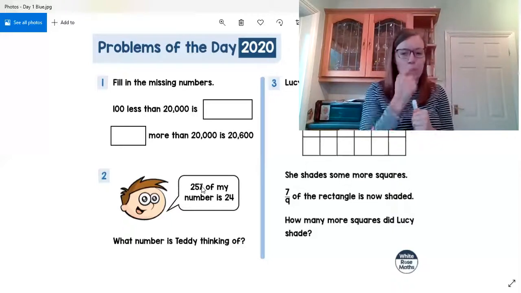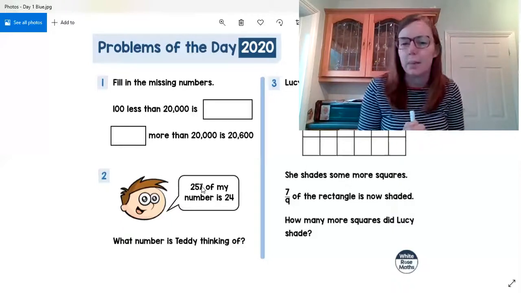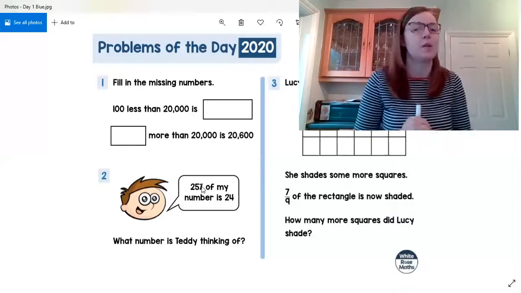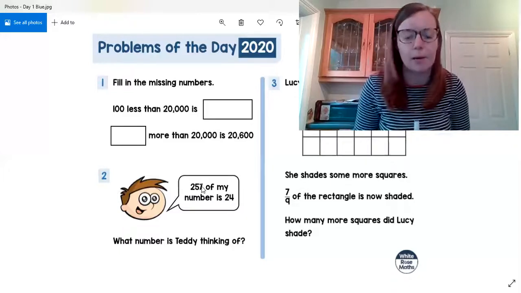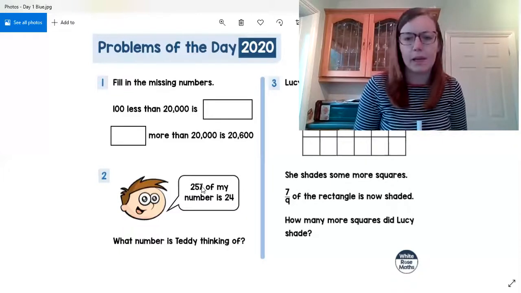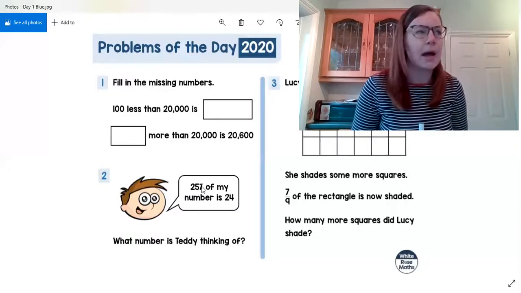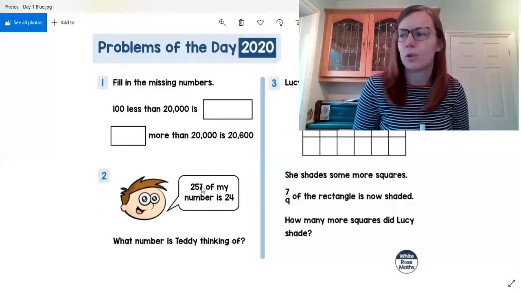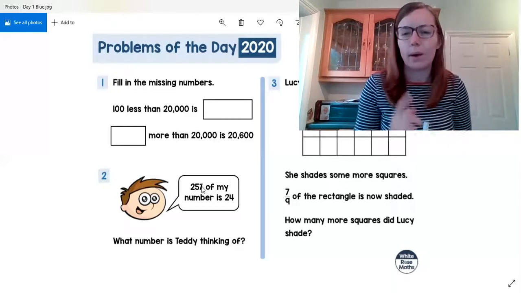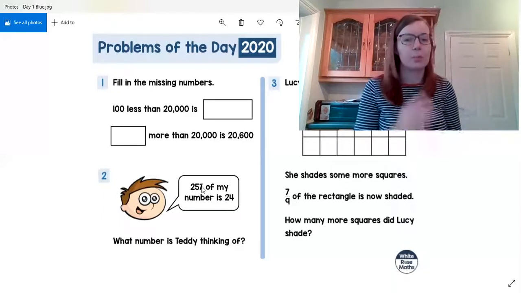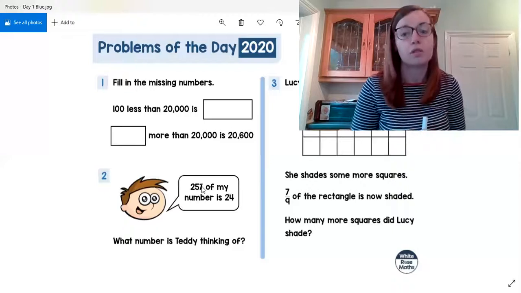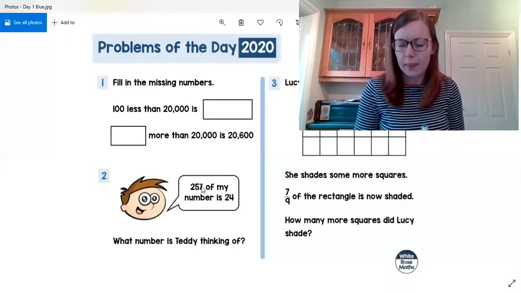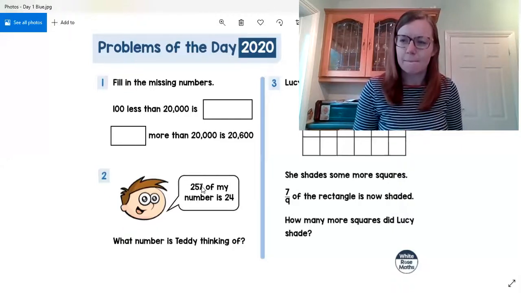Now, I'm hoping that some of you have remembered 25% because we like the numbers 50% and 25%. They're ones that we remember, aren't they? Let's have a think about what that could be. How do I get from 100 to 25? Well, I'm quite good with my twos, so I'm going to split 100 in half or divide it by 2, and that will get me down to 50.